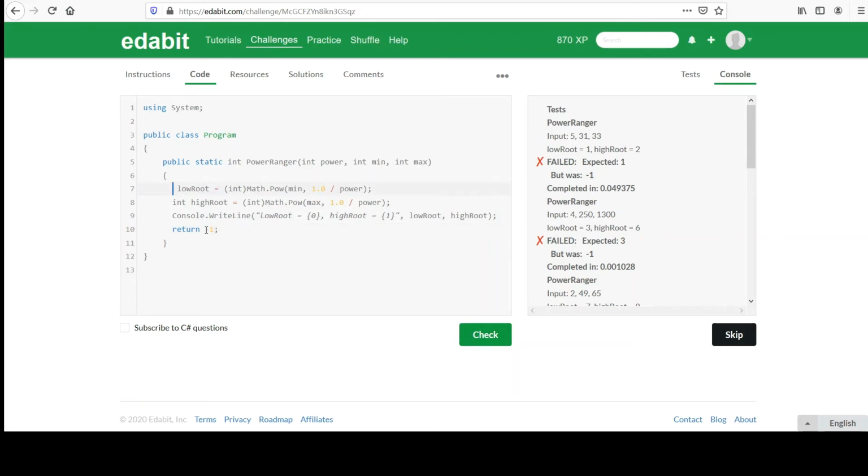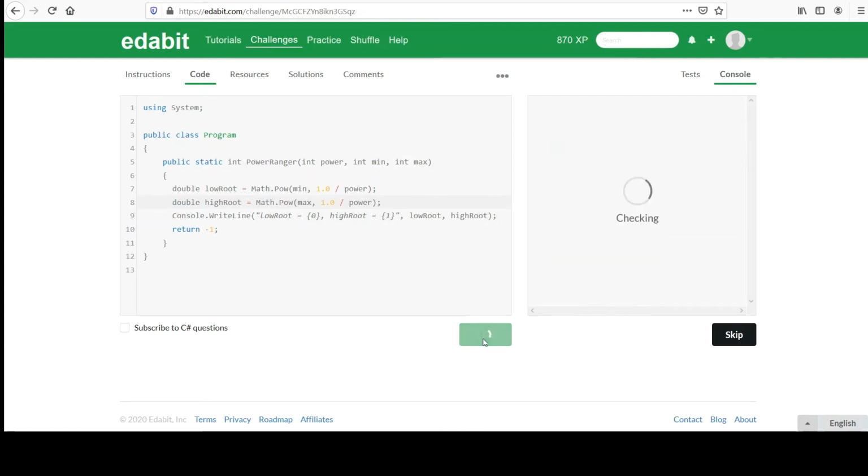Let's do that. Lower, high. Yeah, let's do it this way. This will make it a little more obvious for illustrative purposes. Double. Here, let's run it again.